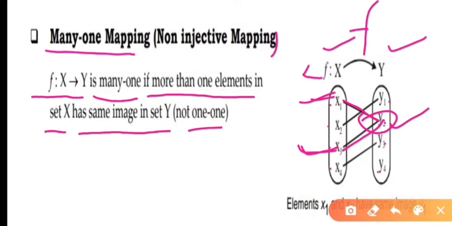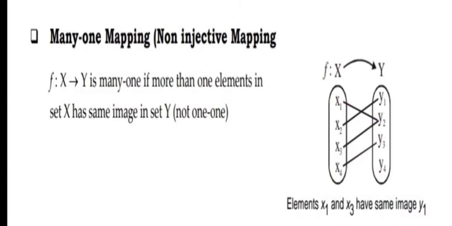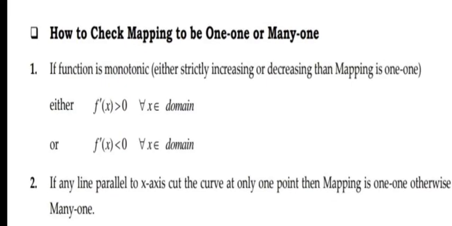In the arrow diagram we can clearly see elements x1 and x3 belong to set X, whereas y belongs to set Y. Therefore elements x1 and x3 have the same image in Y, which is nothing but a many-one function.